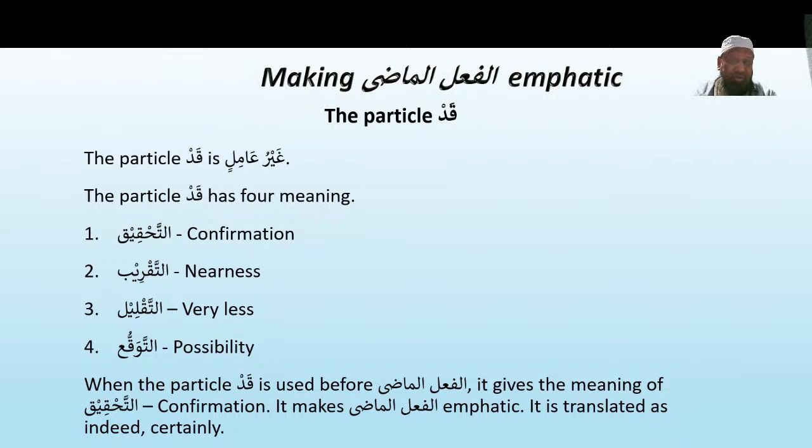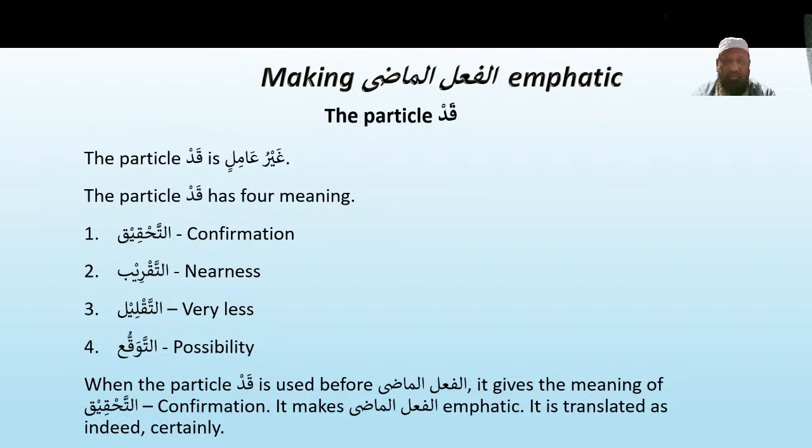But when قد is used, it tells us it is in the past, but very near. Sometimes we'll understand this from the context. This is called الفعل الماضي القريب, present perfect in English grammar.